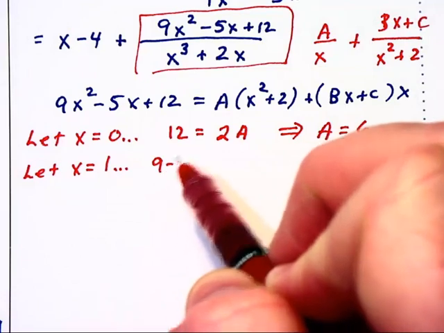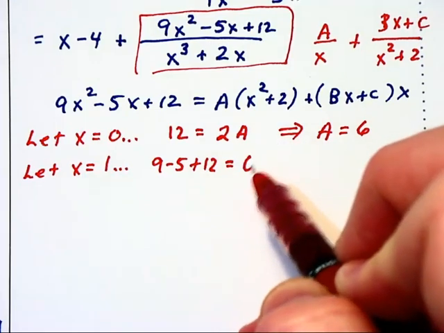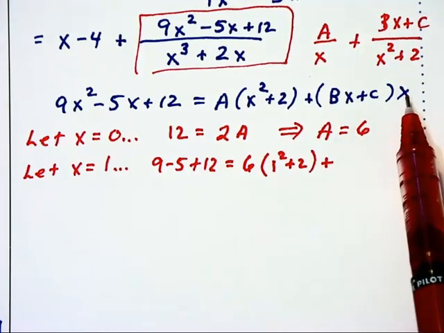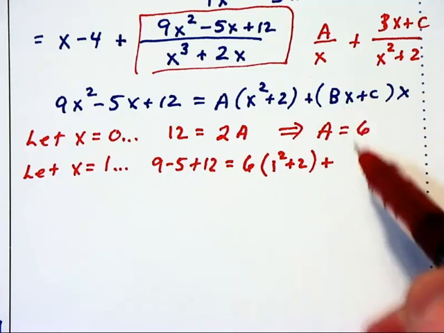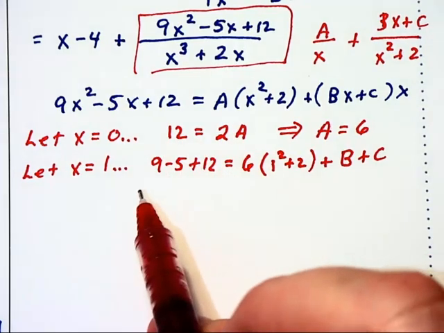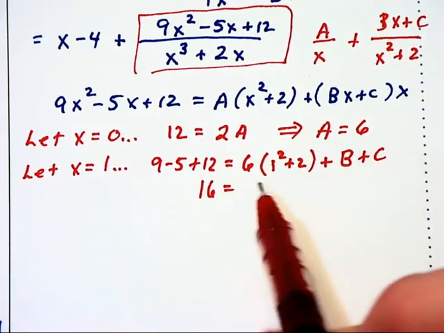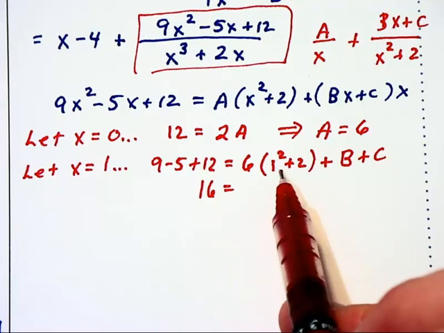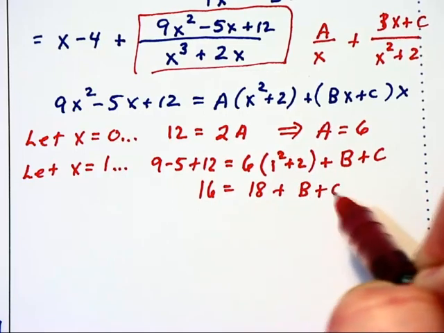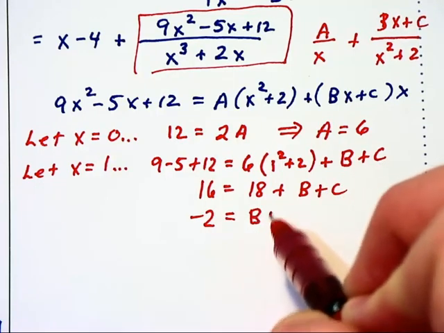The right side becomes A, which is 6, times 1 squared plus 2, plus B times 1 plus C, which really just gives us B plus C. The left side, 9 minus 5 is 4 plus 12, that gives us 16, is equal to 6 times 1 plus 2, 6 times 3, that's 18, plus B plus C. And subtracting 18 on both sides, we now have negative 2 equals B plus C.